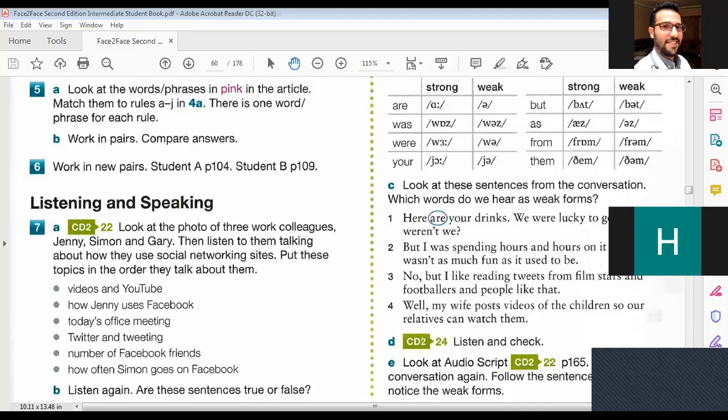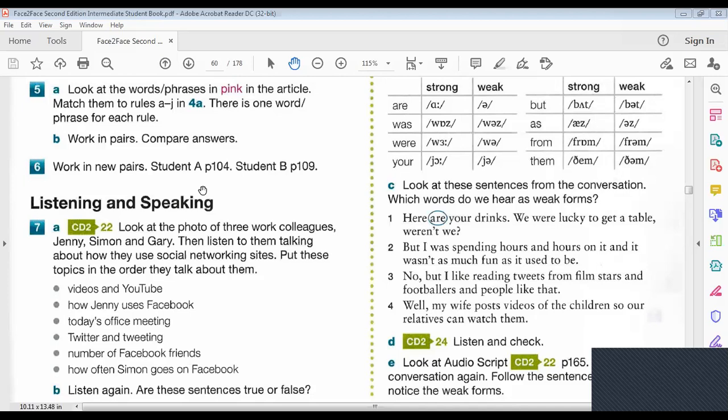Ah, here are your drinks. We were lucky to get a table, weren't we? Yes, it's always quite busy in here after work. Cheers. Cheers. So, how was the meeting? Oh, it was quite boring, actually. Marcus went on about sales figures and cutting costs and stuff like that. Right. Did you go to the meeting, Simon? Simon? Oh, don't worry about him.